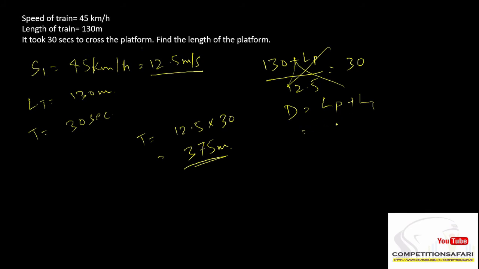Which gives us 375. Now if we subtract the length of the train, we will have the length of the platform, which is 245 meters. So we didn't take the lengthy process. We just applied a simple logic, which usually is known as common sense, and we find our answer with very ease. Let's take another question.